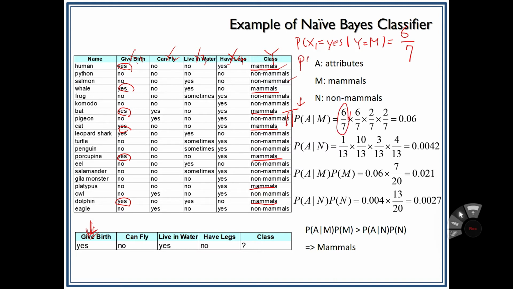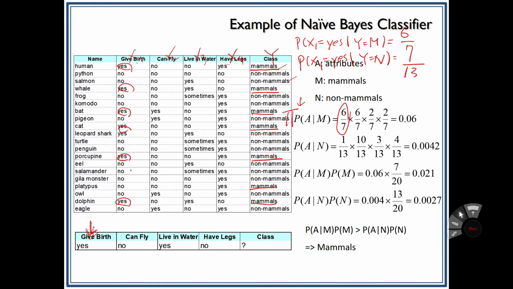The conditional probability x1 equals yes given y equals non-mammal is estimated among the remaining 13 observations, because there are 20 observations in total. We have to find how many have yes on the x1 variable.